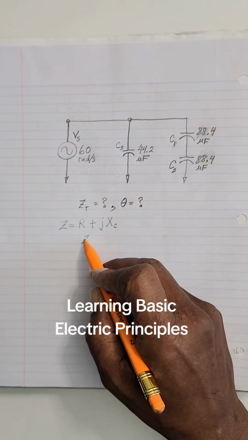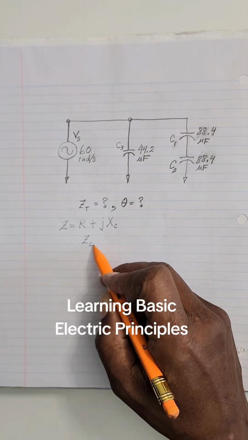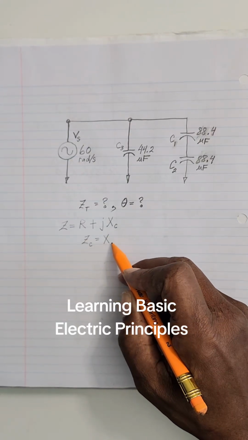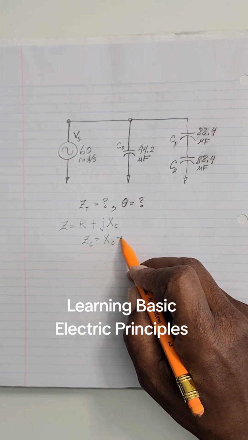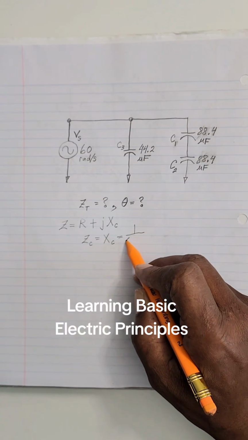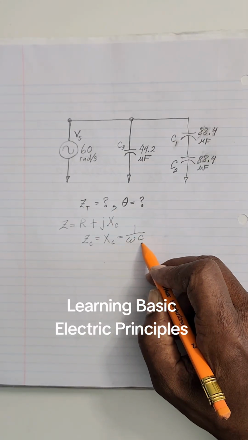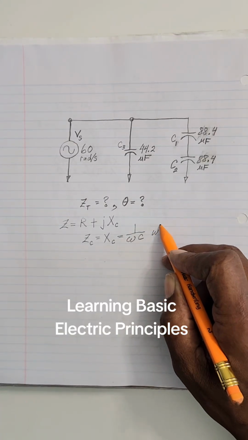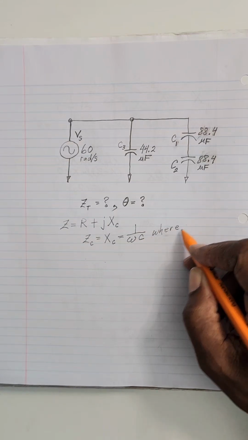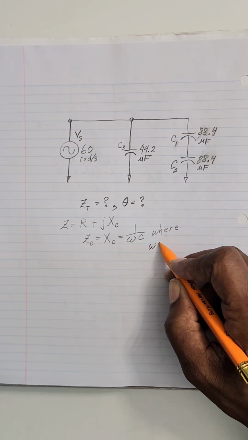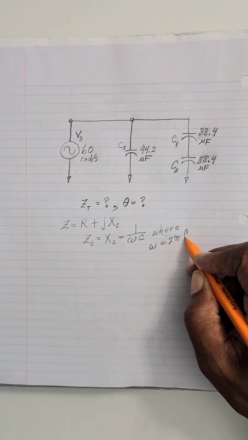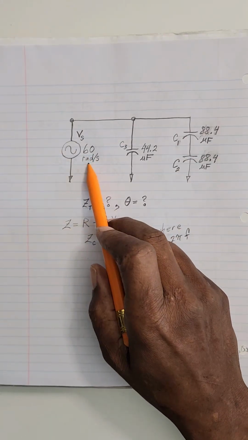So the impedance actually becomes the reactance, which is X sub C, which is equal to the reciprocal of omega C, where omega is equal to 2 pi times the frequency, which we're given here is 60 radians per second.